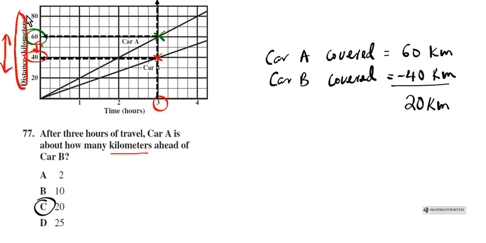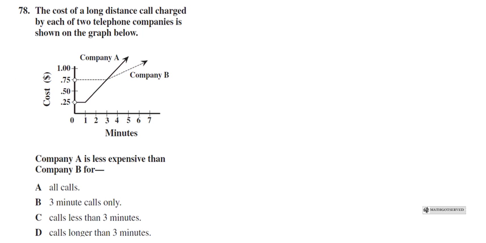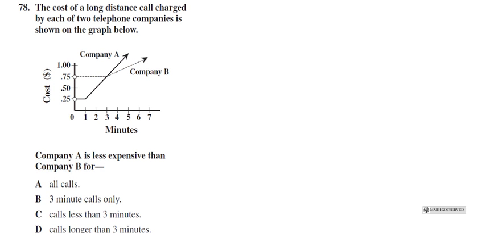All right, let's move on to question number 78. It says, the cost of a long-distance call charged by each of the two cell phone companies is shown on the graph below. Company A is less expensive than company B for. Now, if you're looking at expenses, you know that you're looking at costs. Okay, so we're focusing on this right here. We're looking at cost.